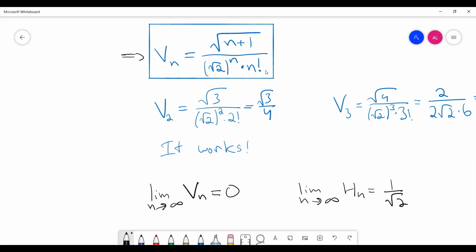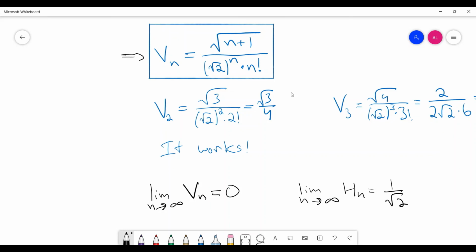If you plug in 100 for this value, you would get something slightly over 10. For this value, you would get 2 to the 50th, which is a huge number, and for this one, you would get 100 factorial, which is an even bigger number. So basically, this approaches 0 very, very quickly.